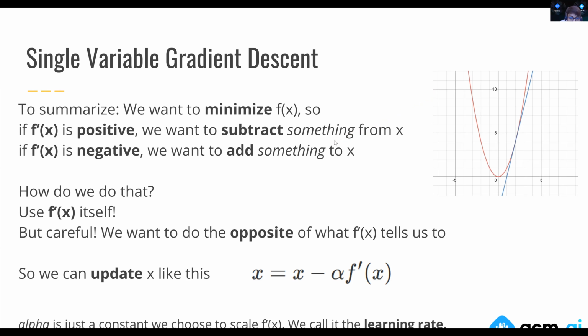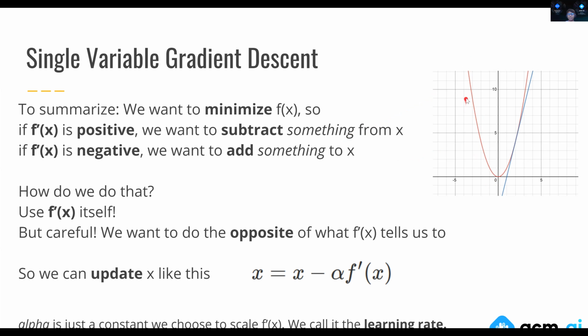So do we use f prime of x simply because the sign of it is convenient? The answer is yes, that's definitely a huge benefit, but it has to do with the fact that inherently the derivative points in the direction of descent, right? So it naturally, by construction, is the slope.